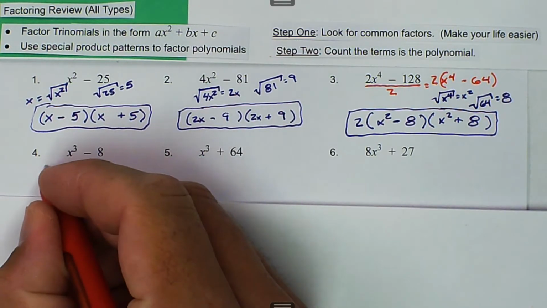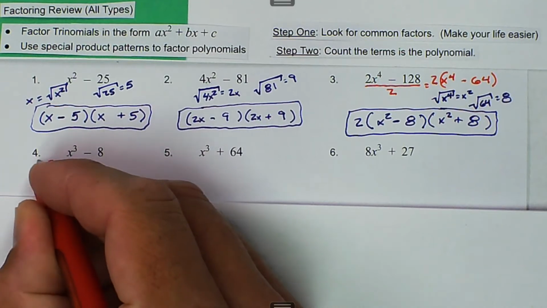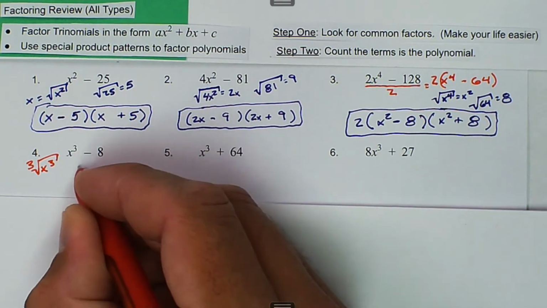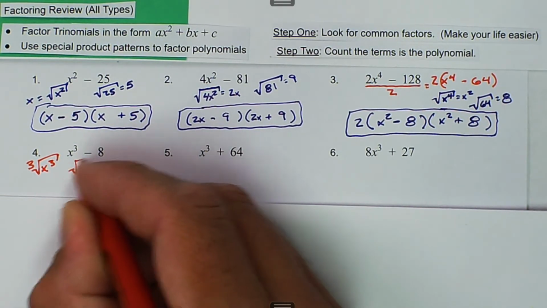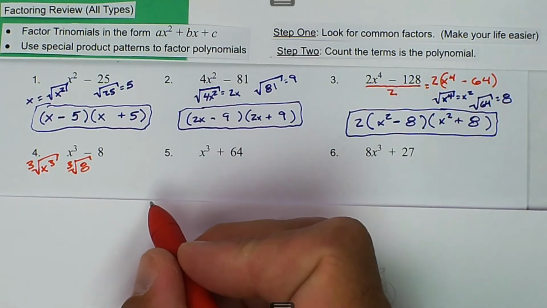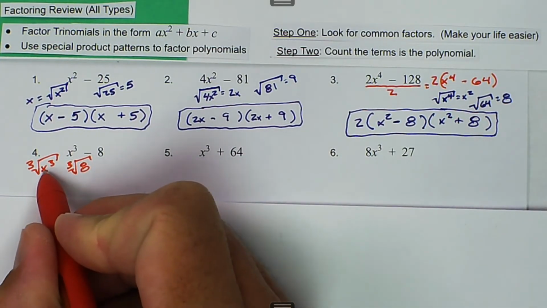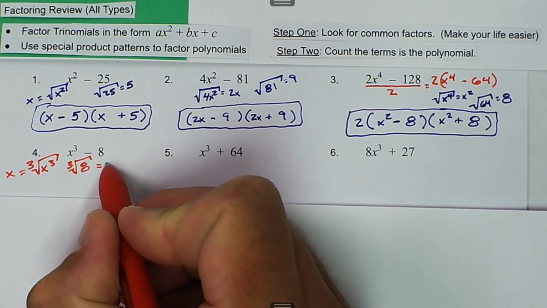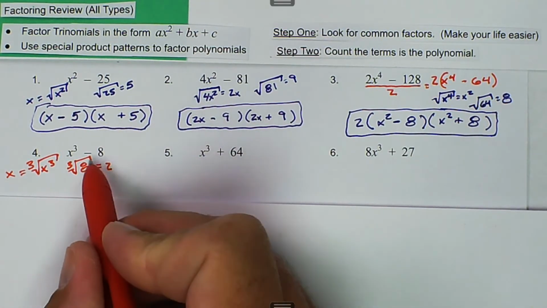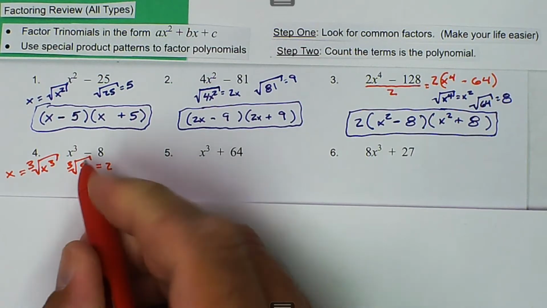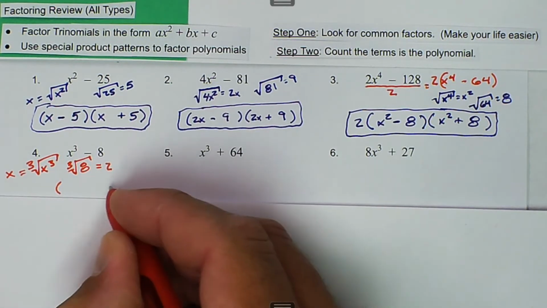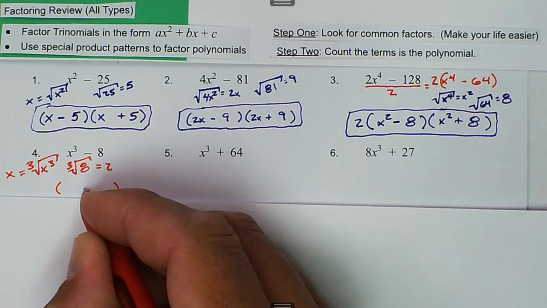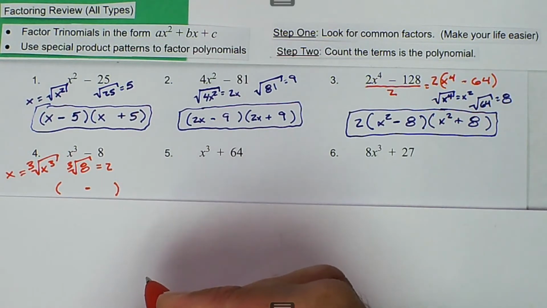So I want to take the cube root of x cubed, and the cube root of 8. And the cube root of x cubed is just x, and the cube root of 8 is 2. So I know difference means that the first sign is going to match the original binomial. So we have minus.